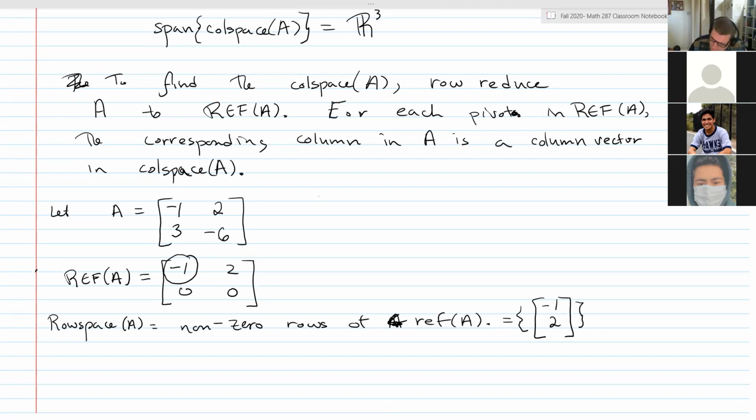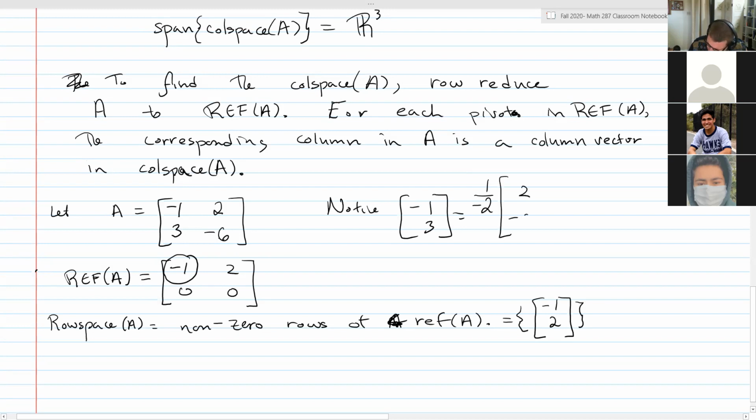Notice -1, 3 equals -1/2 times 2, -6. So this is a linearly dependent set, and the vector 2, -6 is redundant, because it's basically -1, 3 written differently.